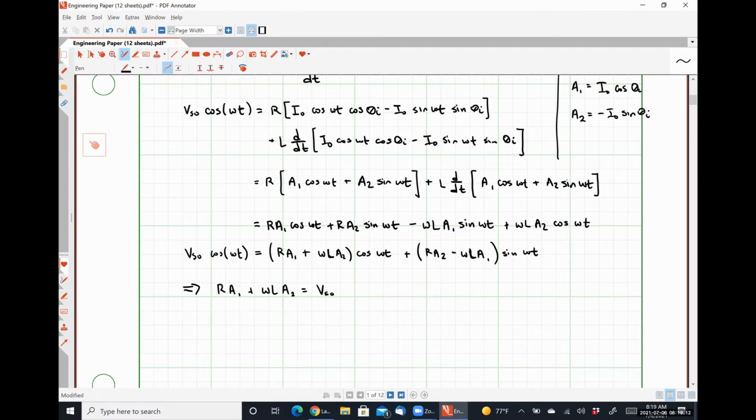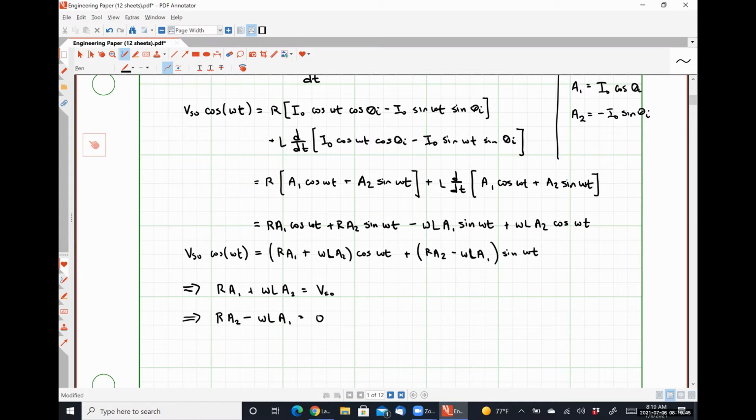So I'm simply equating the amplitudes, right? Nothing wild or crazy there. And I can also see then that R times A2 minus omega L times A1 must be 0, because on the left-hand side I have 0 times sine omega t, which has to equal the constant times sine omega t on the right-hand side.